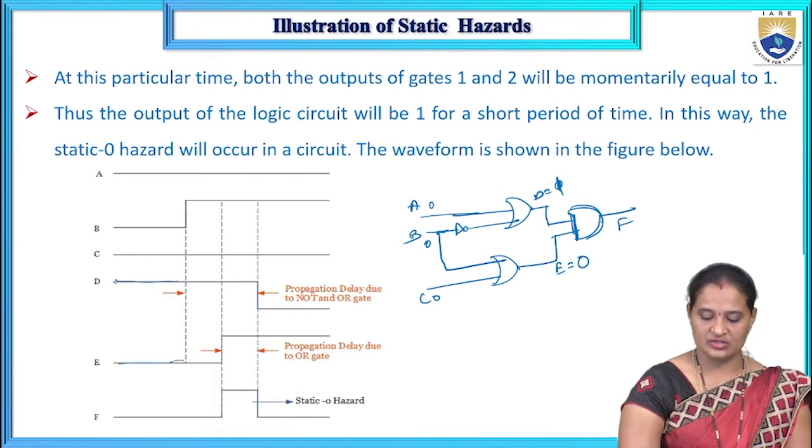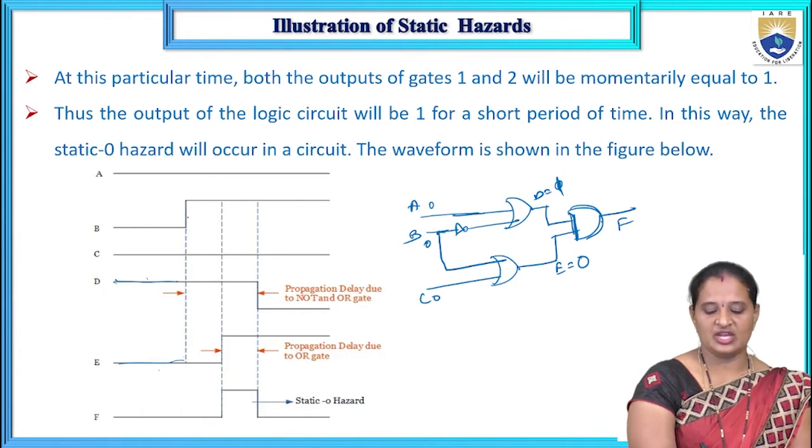As F equals the AND of 1 and 0, which is 0, F is 0. Now, at this moment, B is changing from 0 to 1.